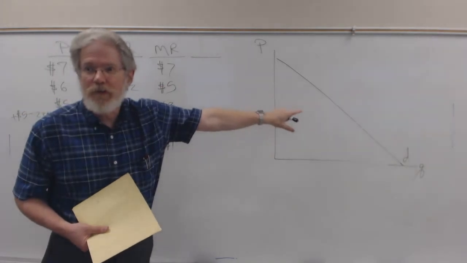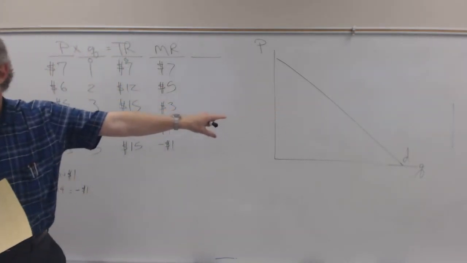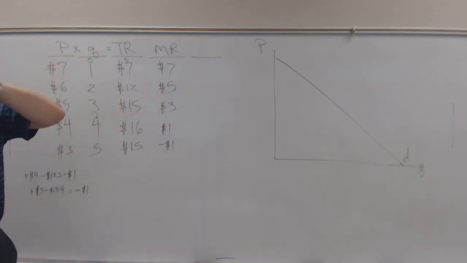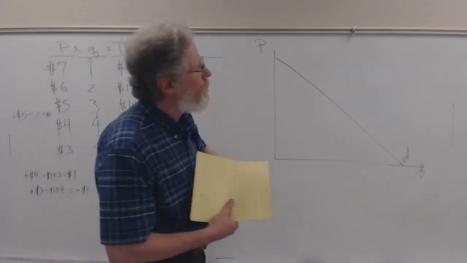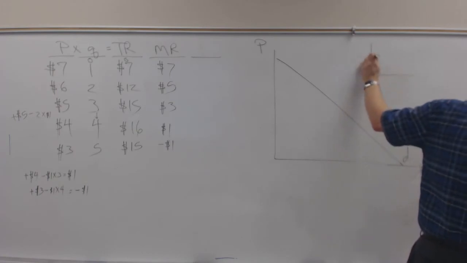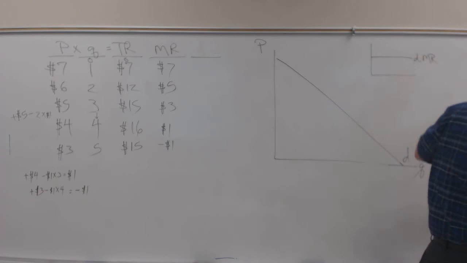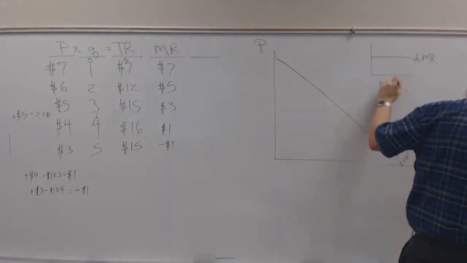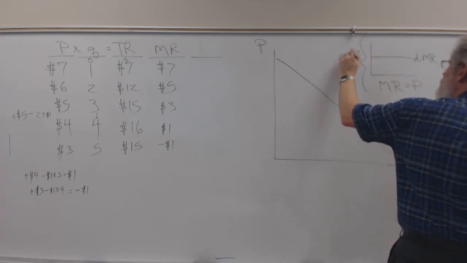What's the curve going to look like? For price takers, go back to price takers. The demand curve and the marginal revenue curve were the same thing. And marginal revenue was equal to the price. That was price takers.